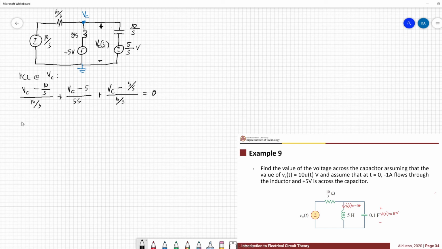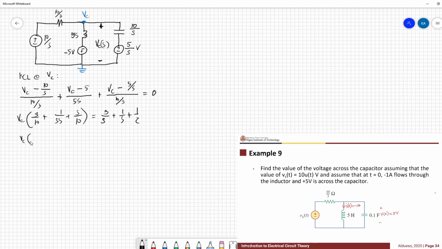So combining VCs, we have 3 over 10 plus 1 over 5S plus S over 10 equal to 3 over S plus 1 over S plus 1 half.